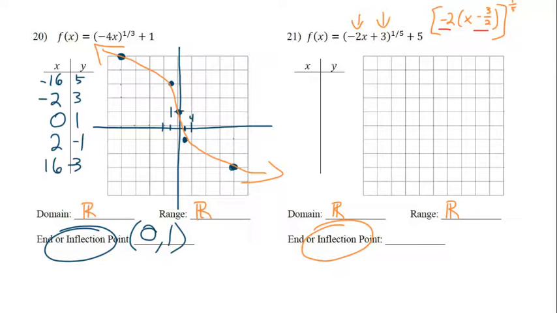Okay, we're not going to give this to you on a test, but hey, it's good to show you. So here we go. Your inflection point is actually at negative 1.5, positive 1.5. 3 halves is 1.5. So positive 1.5, and then your y value is 5.